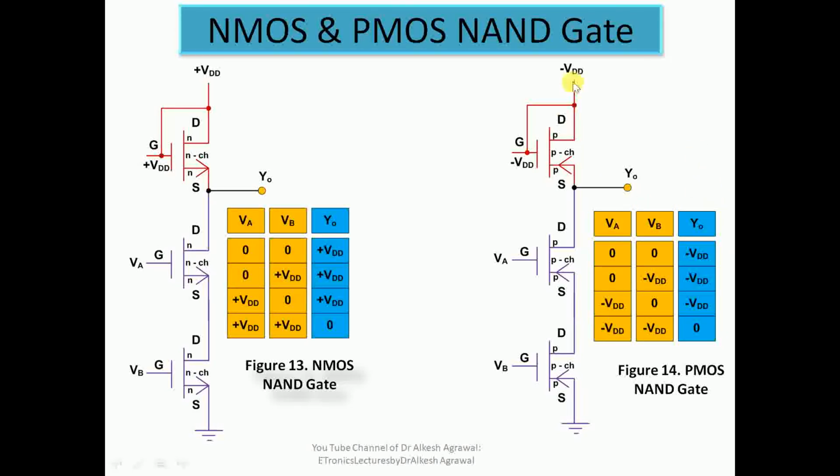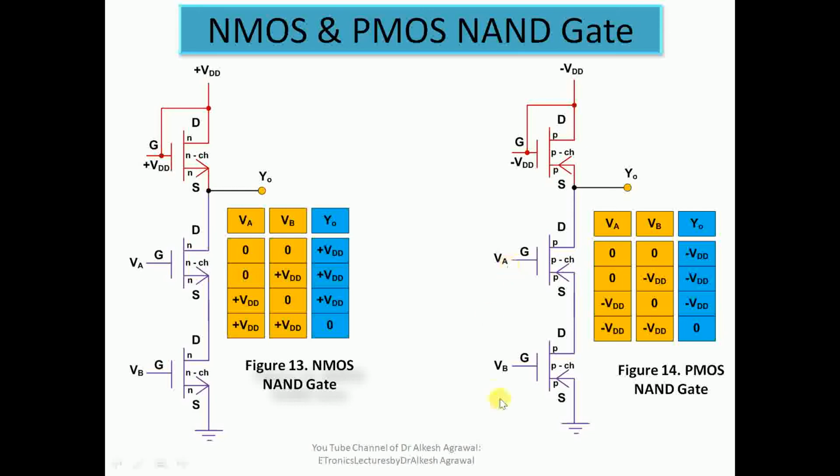The difference again is that we are giving a negative polarity voltage, so we have minus VDD; plus VDD is replaced by minus VDD. Rest everything is the same. So again, if any one of the inputs, either VA or VB, is at low logic, both transistors as a whole, as a single configuration, will be cut off from the output, and the output is pulled up by the supply.